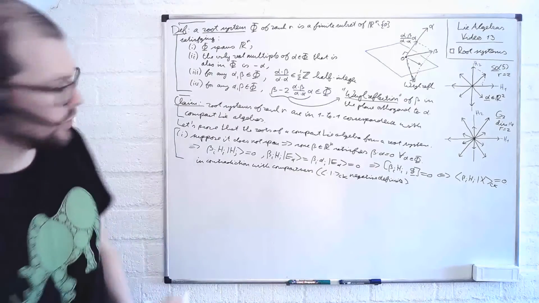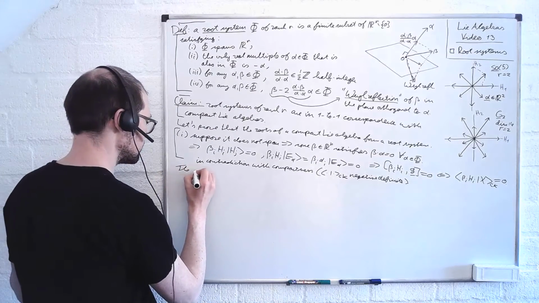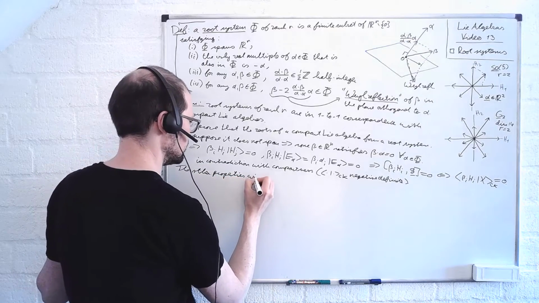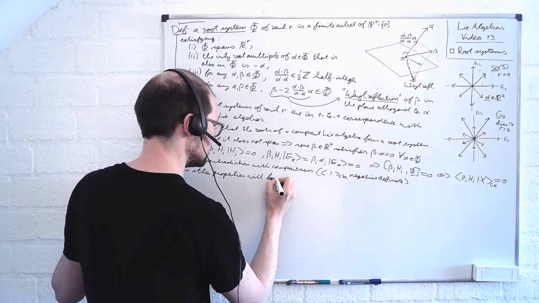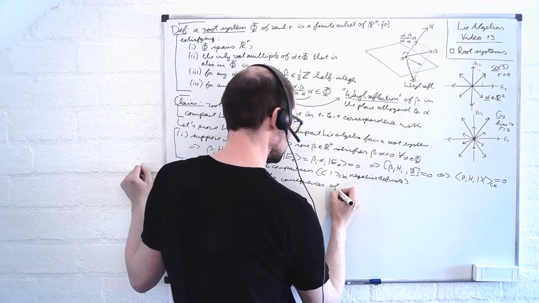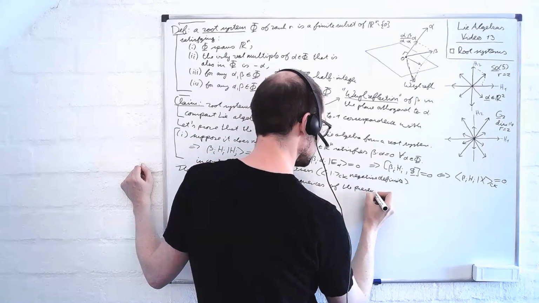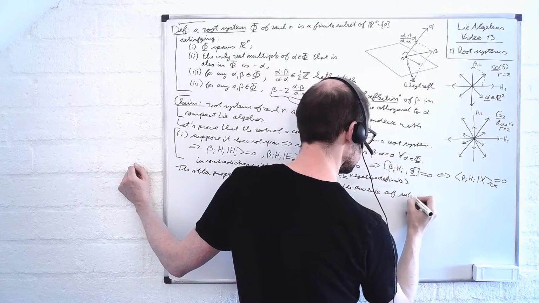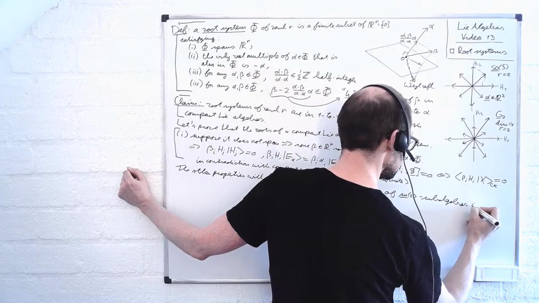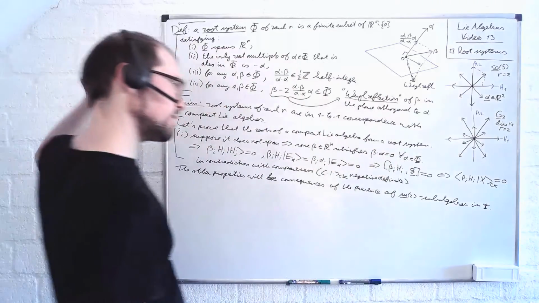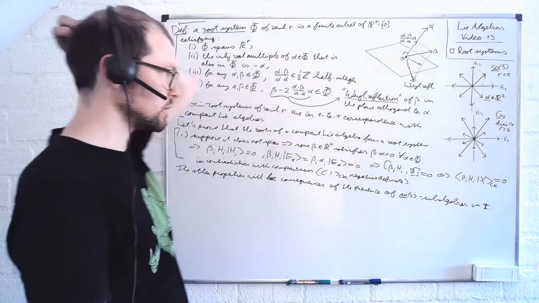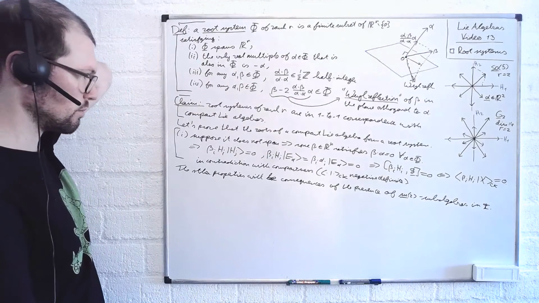So the other properties will be consequences of the presence of SU2 subalgebras in G. Let's see exactly what this means and where these SU2 subalgebras are.